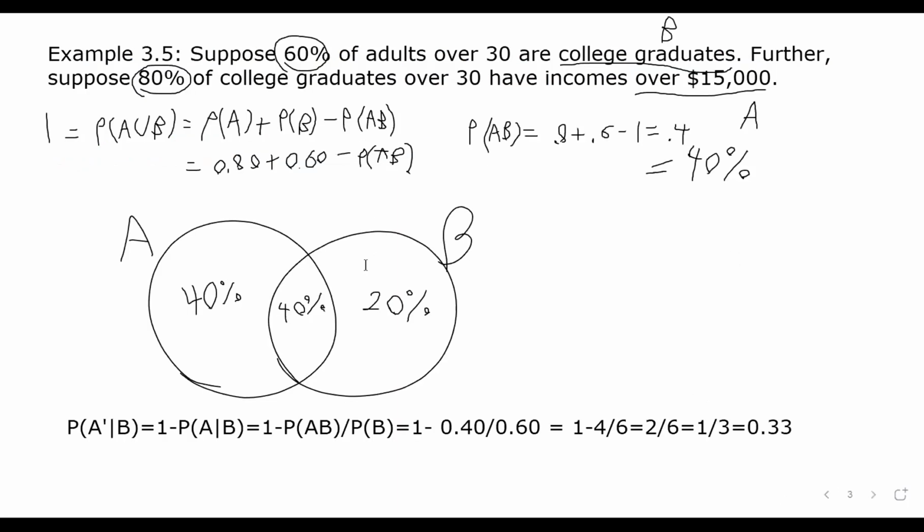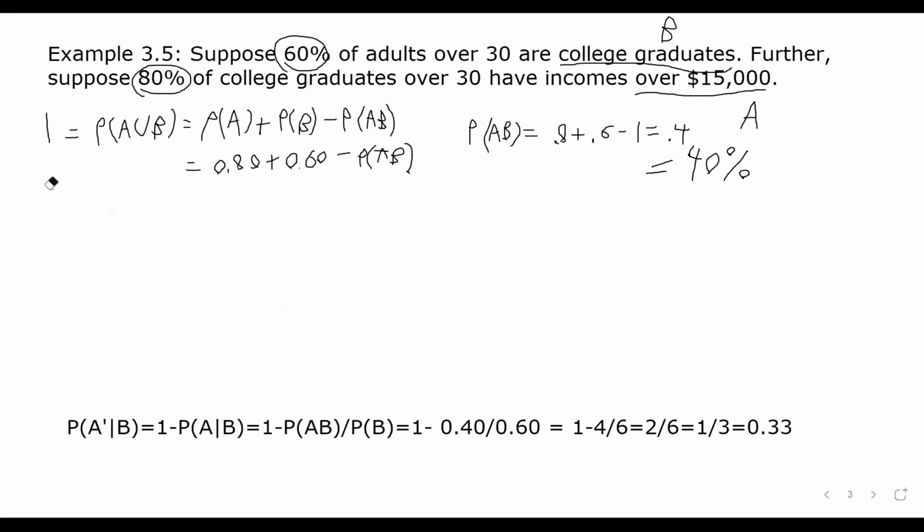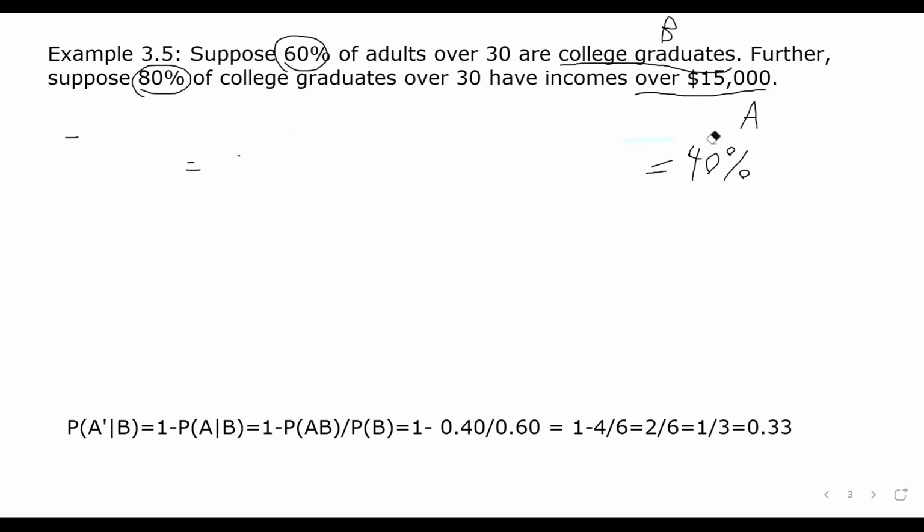I think there's something wrong here. Wait, it says further, 80% of college graduates over 30 have, oh, sorry. Okay, so sorry about that. A is over 15,000, and it says 80% of college graduates have incomes over 15,000.